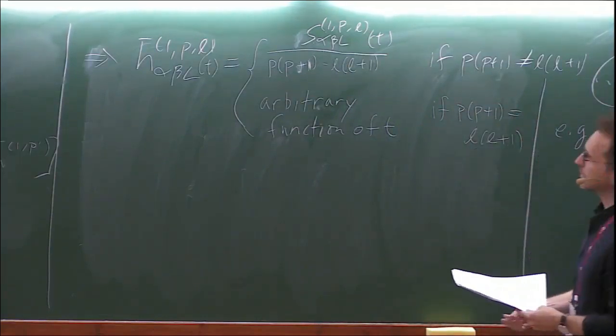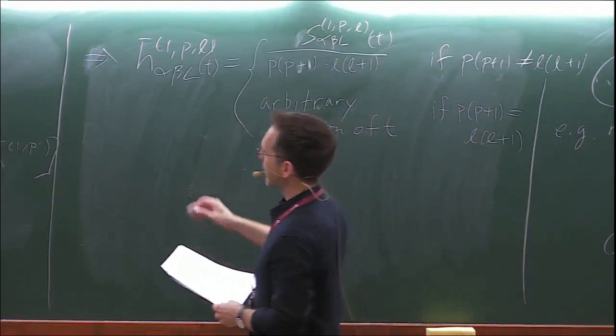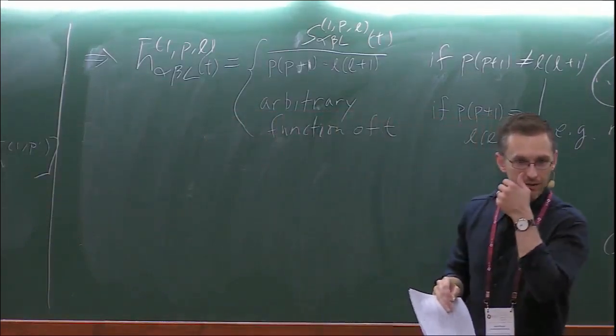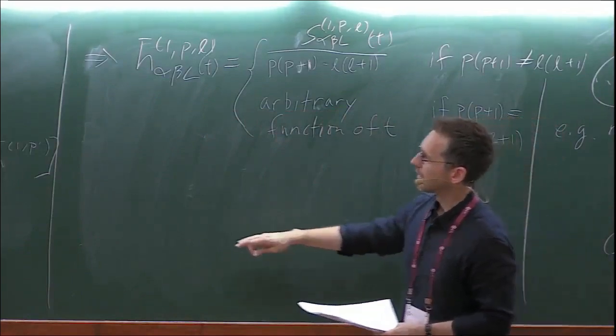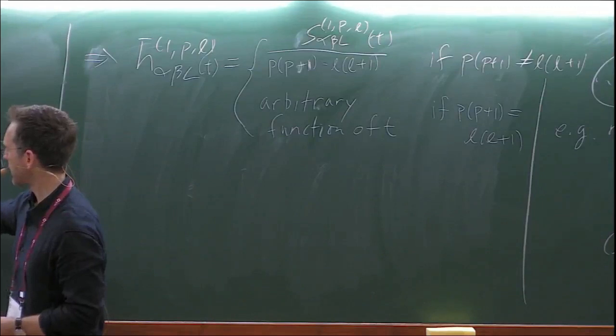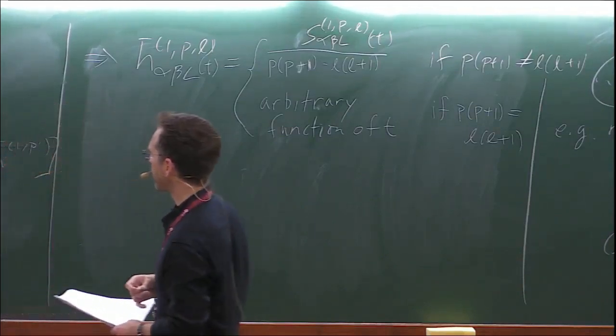If it's non-zero, then you actually have to introduce a logarithm of r into your solution. And that allows you to solve it even if this is non-zero in the case that p times p plus 1 is equal to L times L plus 1.